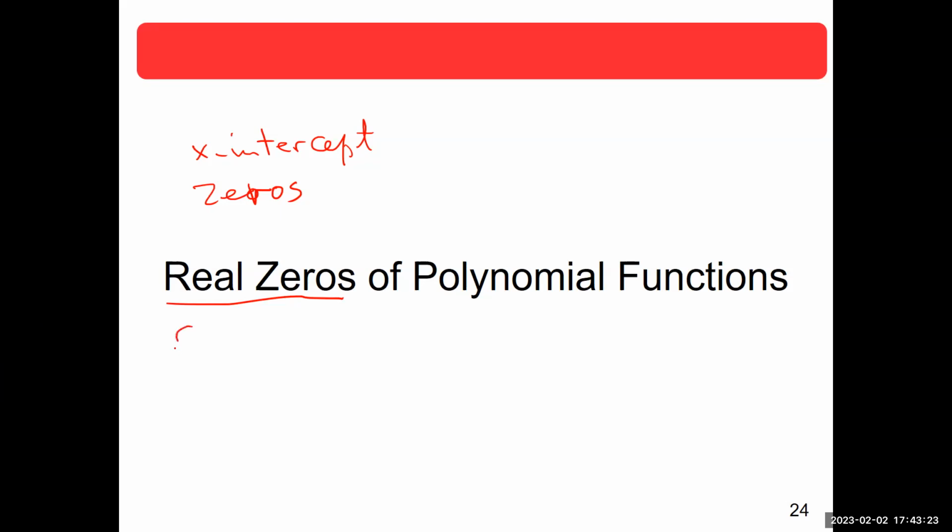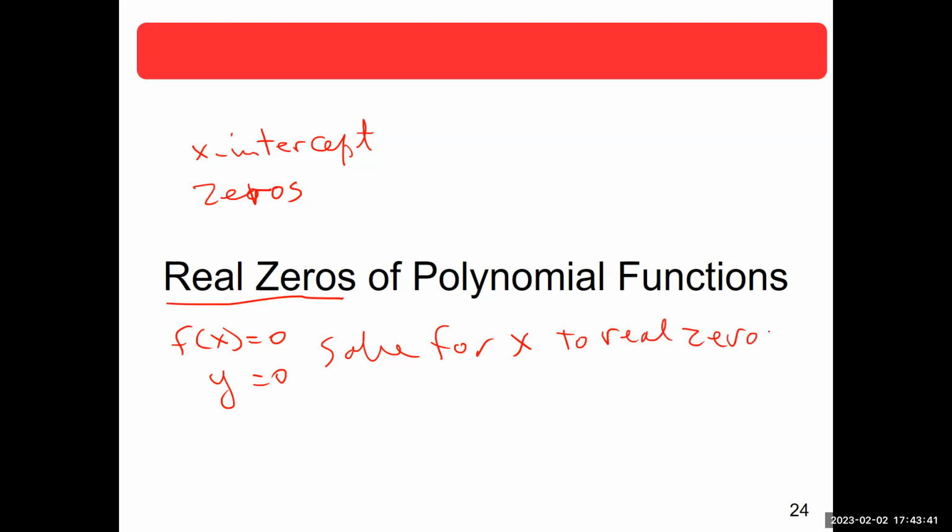Every time, we say f(x) set equal to 0, or y equal to 0, then solve for x to find the real zeros. Real zeros like (x1, 0), (x2, 0), etc. Could be more than 2.